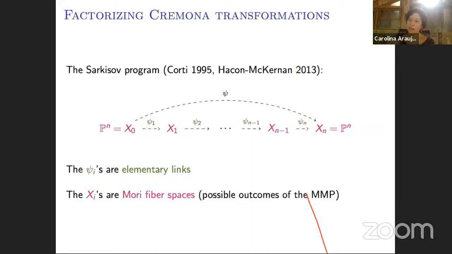So basically what we have to allow in the intermediate varieties are all these possible simplest representatives in the class of rational varieties. This is a very powerful tool to study the Cremona group, and it is one of the tools that I have also been studying.